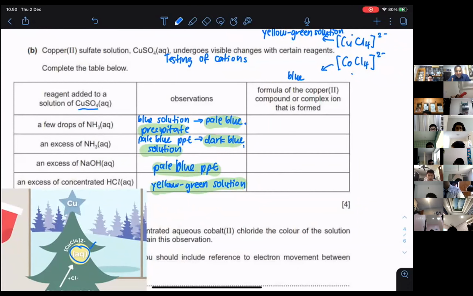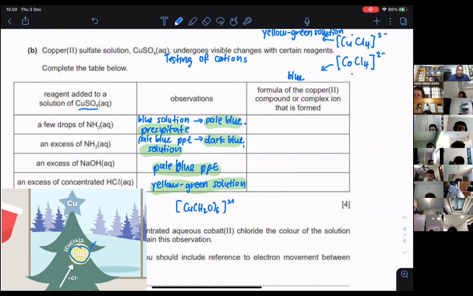The pale blue precipitate with ammonia is caused because they form copper sulfate, the copper 2 plus, or in terms of an equation, Cu(H2O)6 2+. When you react with a few drops of ammonia, the ammonia is little and aqueous, so it means there's more water.